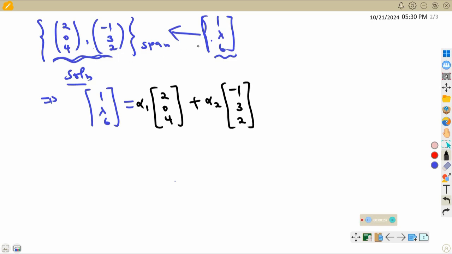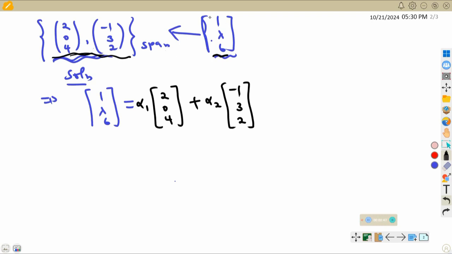So you are indirectly showing that this one here can be written as a linear combination of this. So that's why we equate this one here to alpha 1 into this plus alpha 2 into this. So that is the meaning that this one is in the span of this.